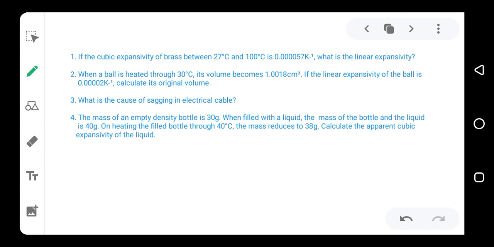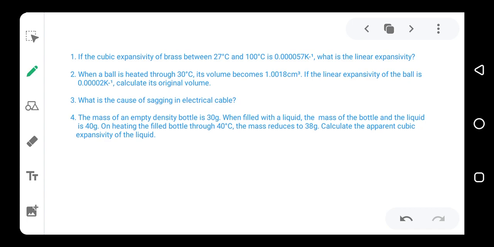Now for us to calculate this, we have the linear expansivity and we are looking for volume. So again, they want to check whether we still know the relationship between linear expansivity and cubic expansivity. Normally they will just give us the cubic expansivity and then the temperature change and volume change and ask us to look for one of the parameters.